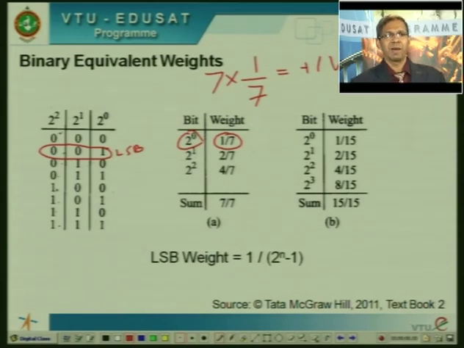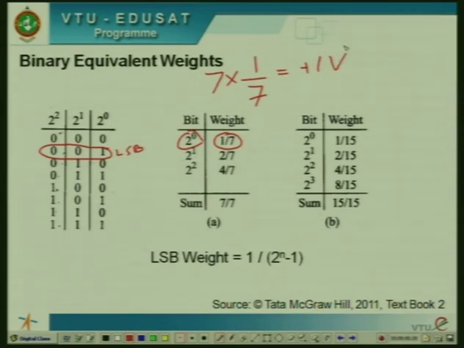So what is my requirement now? My requirement is the smallest increment, which I call 1 LSB, is now equal to 1 volt. Likewise, if I look at the second LSB, what do you mean by second LSB? The bit which is to the left of LSB. Now as you can see, this has a weight which is twice the weight of LSB.